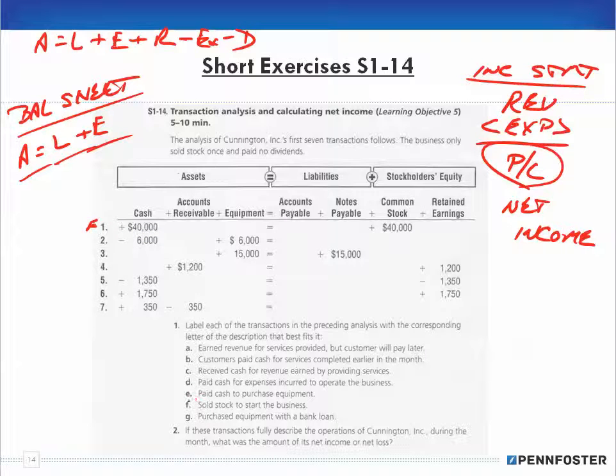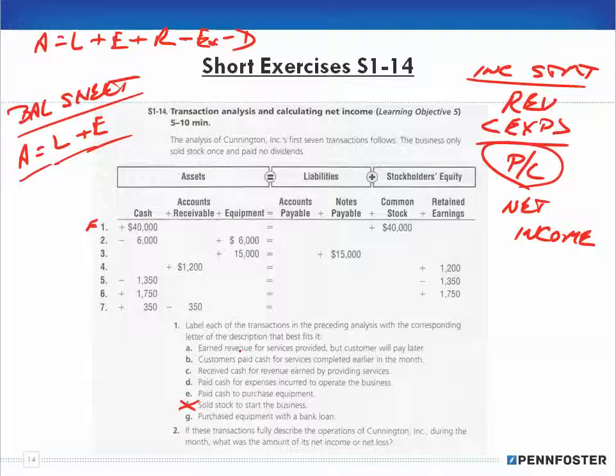So F is gone. All right. So number two. Okay, we have a decrease in cash of $6,000, meaning we're paying it out. Okay, and we're increasing our assets by buying equipment. So we've increased our equipment from 0 to 6,000. So we're actually buying a piece of equipment, and both are assets.